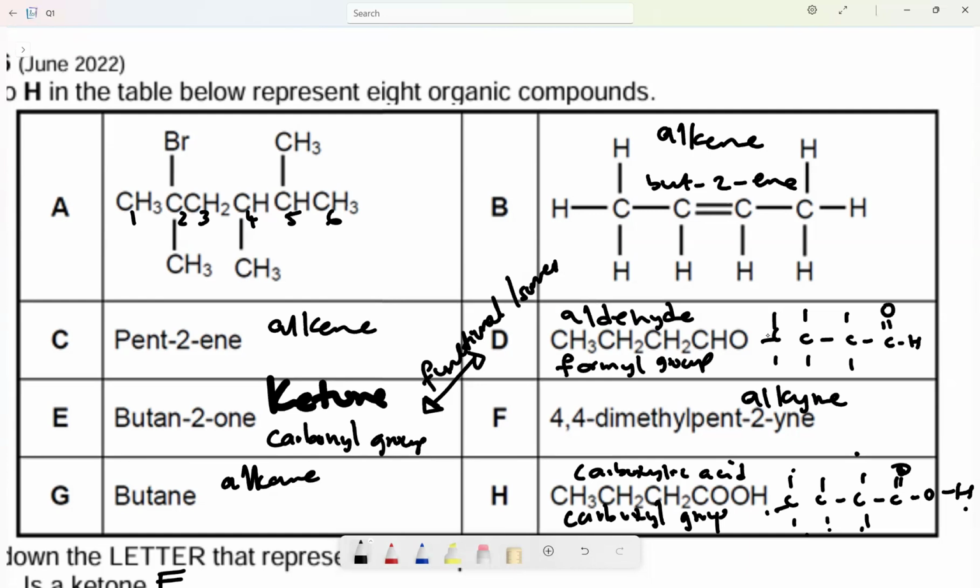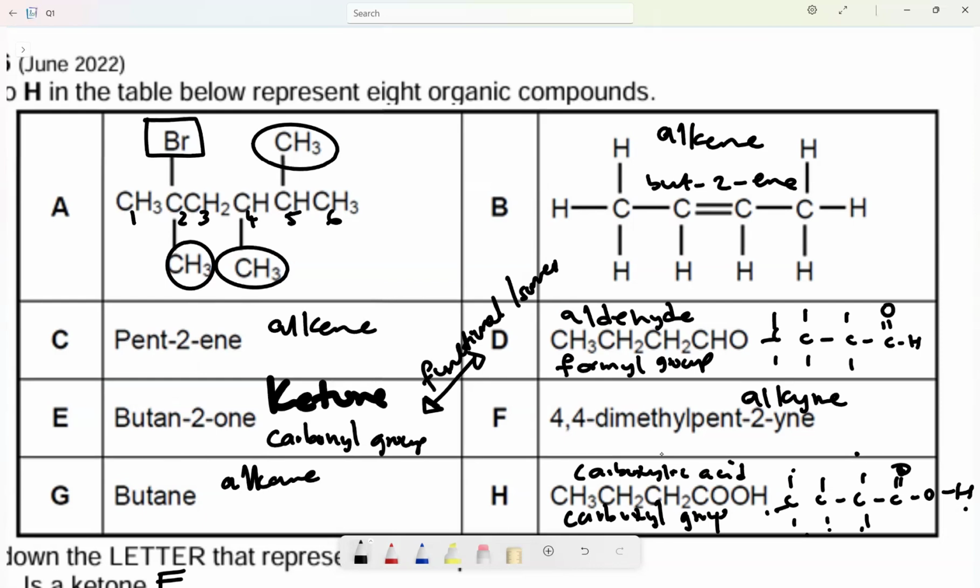But now we have branches on carbon number 2, carbon number 3, also carbon number 5. And we have a halogen on carbon number 2. So what is the name of this one? How many methyls do we have?